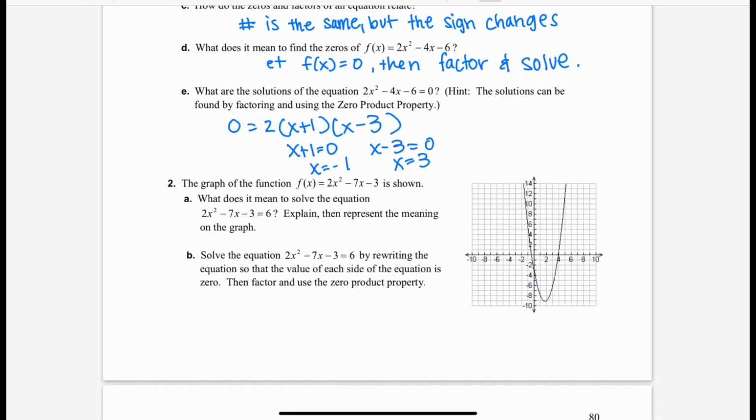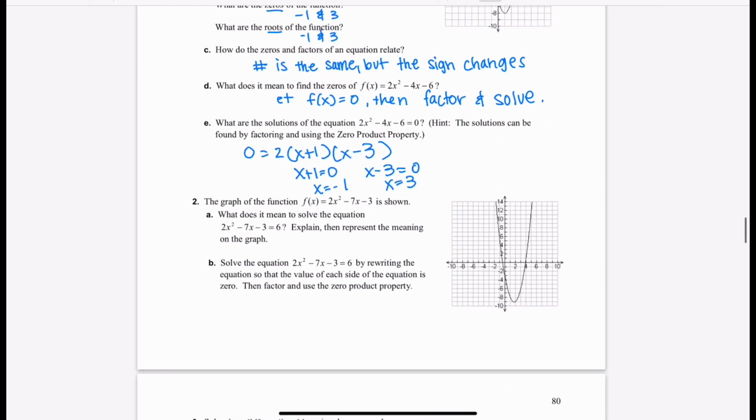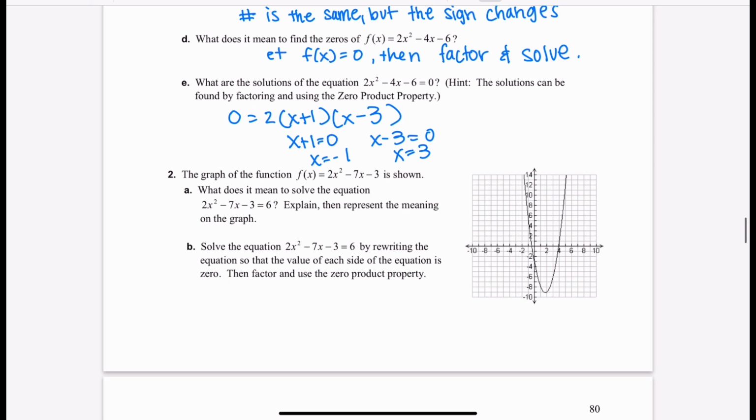Okay, so now we have a different function. This one, we have 2x squared minus 7x minus 3 is shown. So what does it mean to solve the equation if we have this equation equaling 6? What we're doing is we're putting a 6 in for the y value, the f of x, or the y.